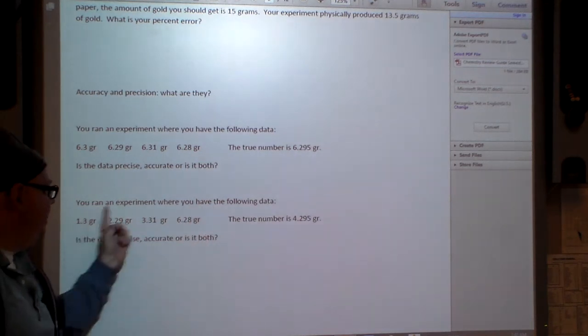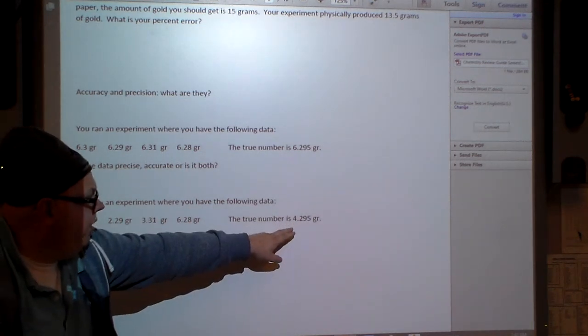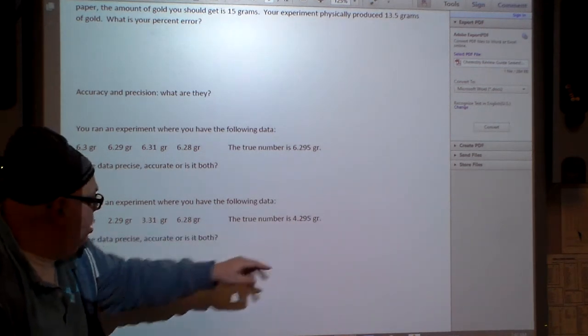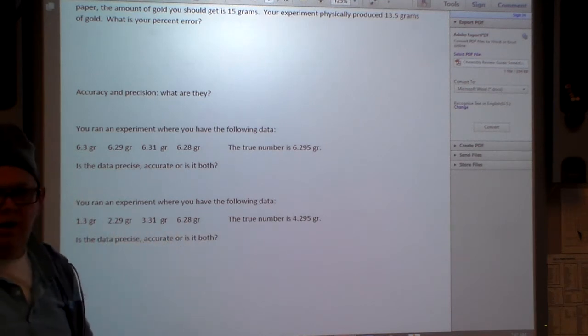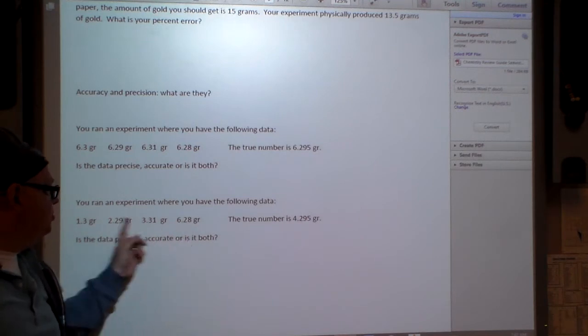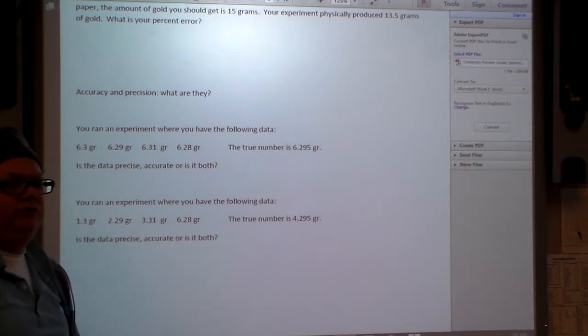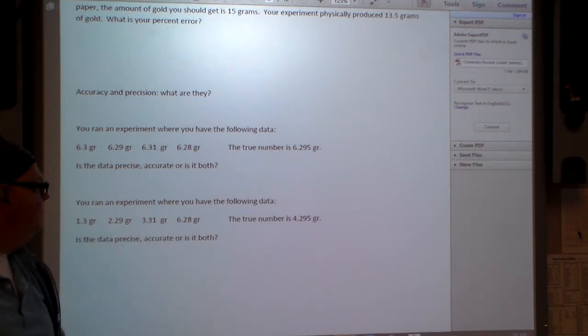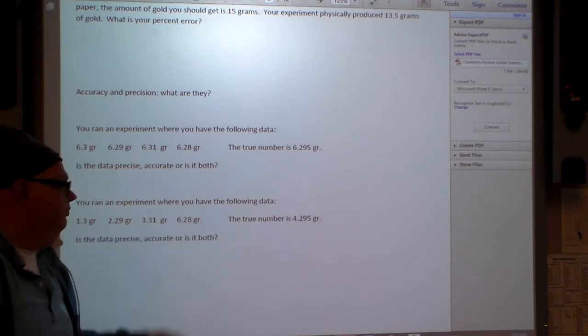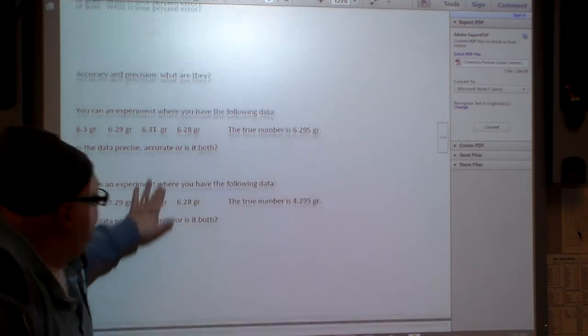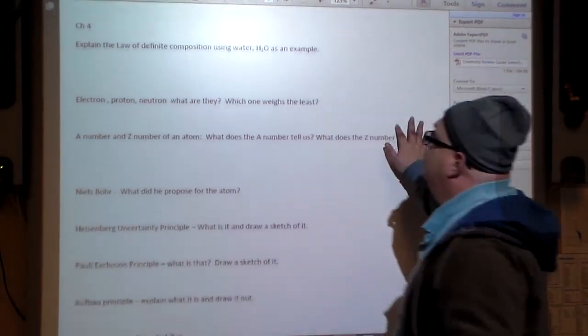When we look here, notice here's our accurate number, our true number, but if you look at these measurements, they're nowhere near it. There's no precision because they're not close to each other, okay? And they're way off the true number. So that's not precise, it's not accurate. Okay?